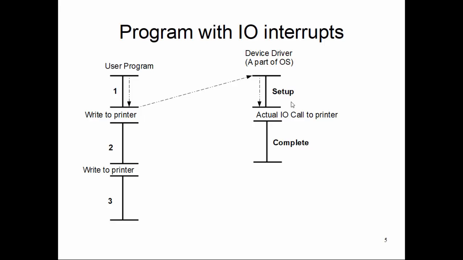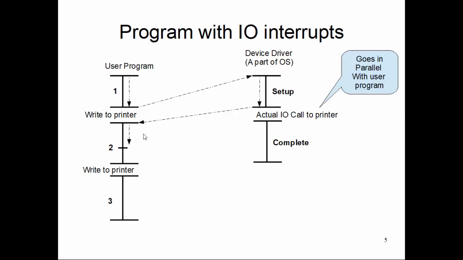Talking about the IO register in this case, it's not part of your register file, but those details would again be in the operating system study. Then once the setup is done, your control comes back to the user program, where in parallel the page is being printed. The actual electromechanical process carries on in the printer, but your program continues.